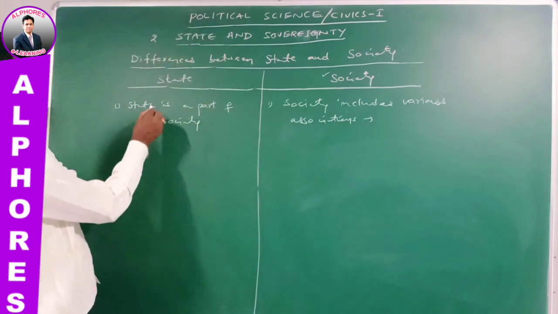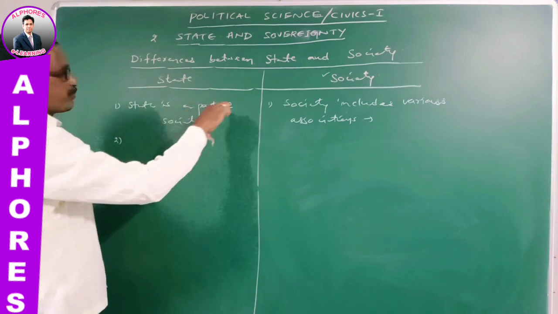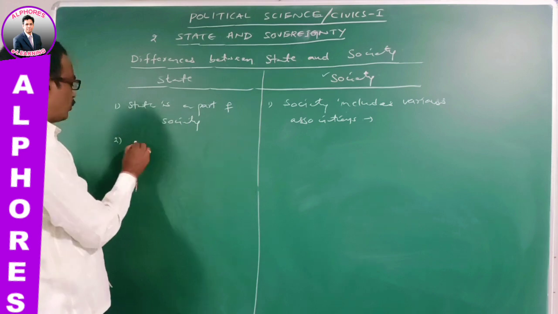According to the first point, we can differentiate one more point, that is state is a part of society, hence the scope of state is narrow.